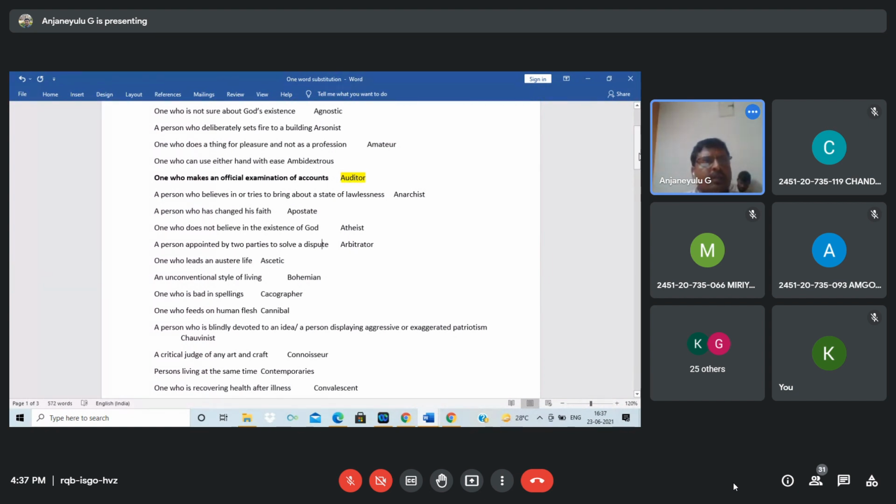Can you say a few one word substitutes, words which have more meaning within a sentence or statement? Can you spell out a few, students? One word substitutes which we know in our daily usage.